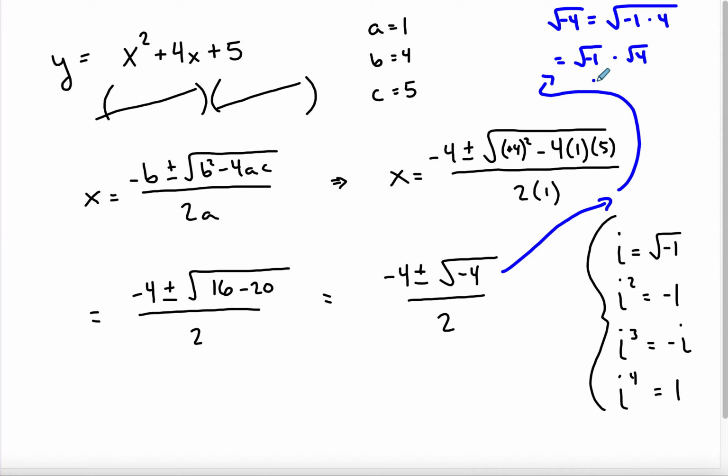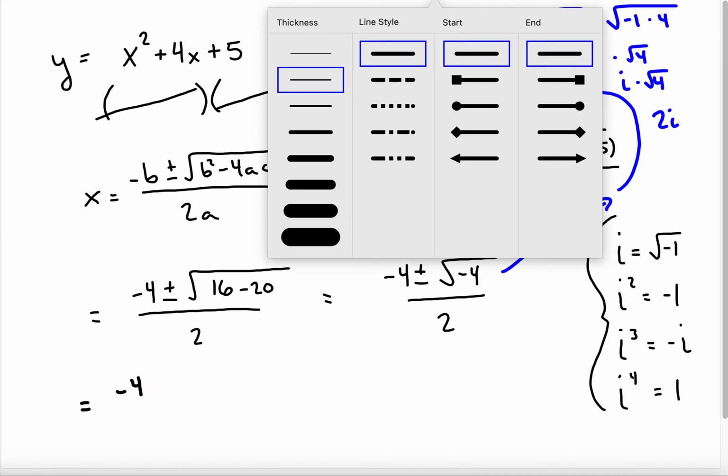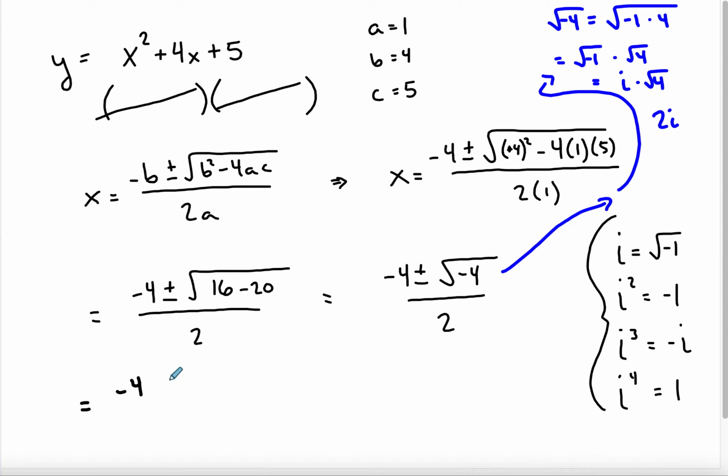That equals i times root 4, or 2i, right? 2 times i. So with that in mind, we're left with -4 plus or minus 2i over 2.